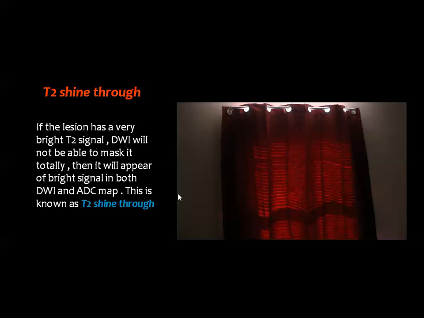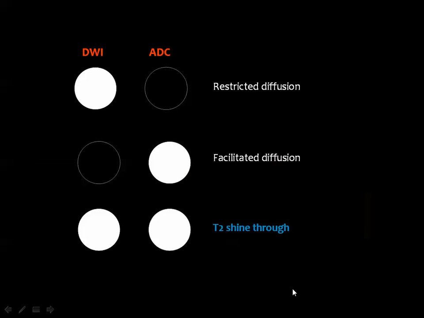Then the diffusion weighted image will not be able to mask the lesion totally, exactly like a light behind the curtain. If the light is weak, then the curtain will obstruct the light totally. If not, then you still see some light in spite of the presence of the curtain, and this is what we call T2 shine through.